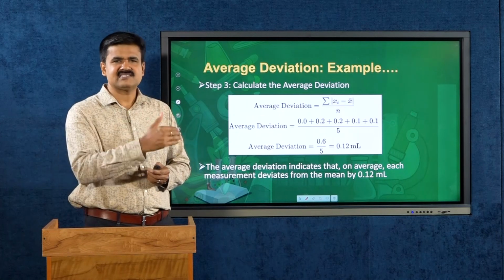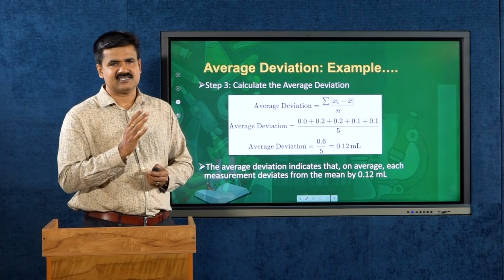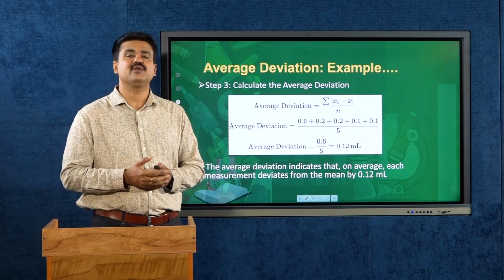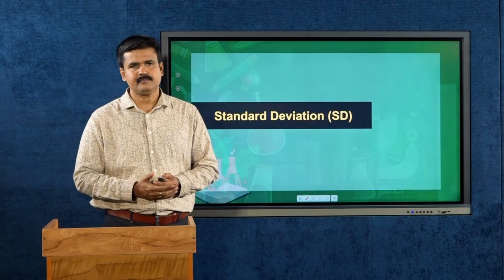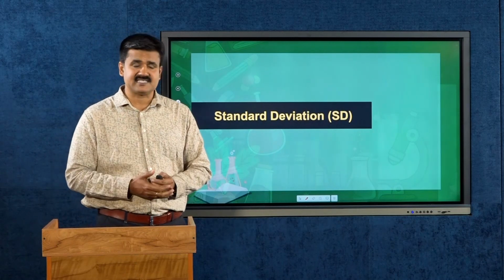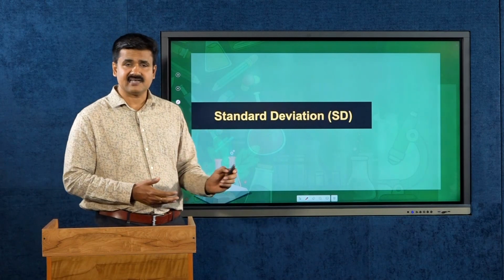So this value 0.12 ml clearly indicates that each and every data point has a deviation of 0.12 from the center, or from the mean.